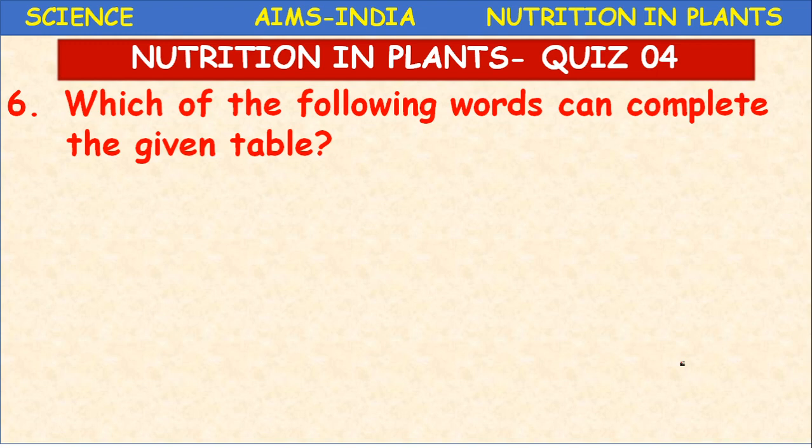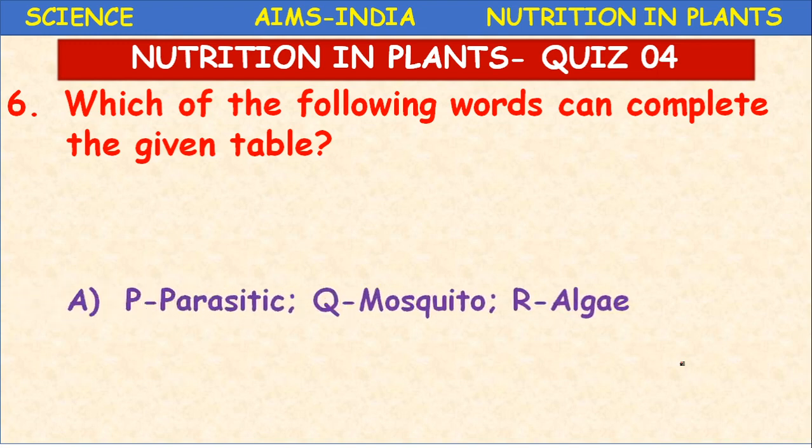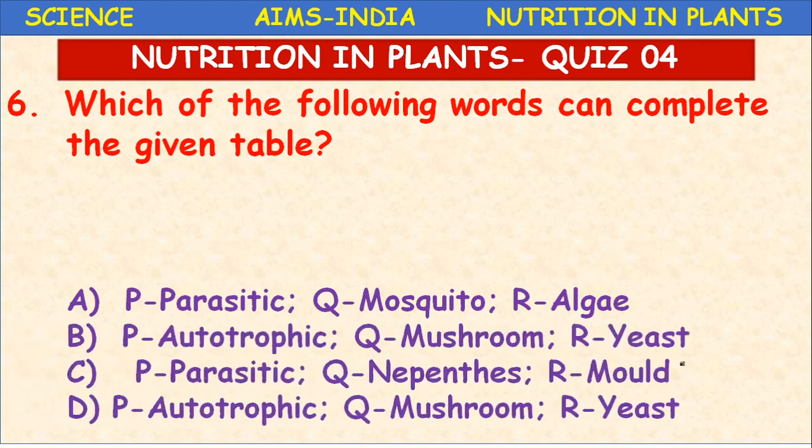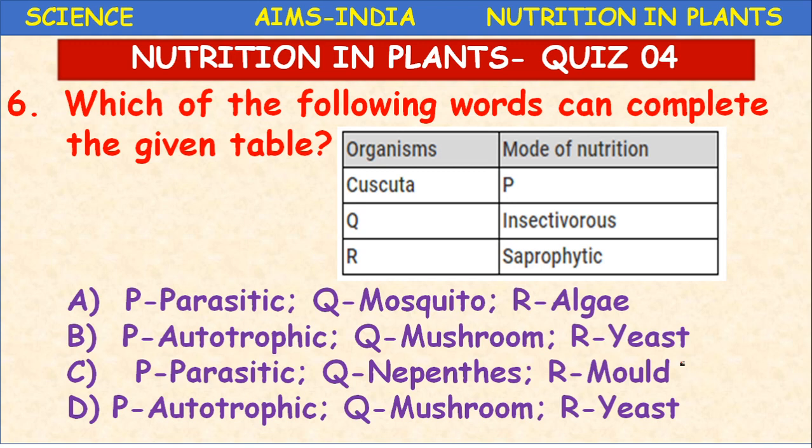which of the following words can complete the given table? So here the table is given, organisms and mode of nutrition. So you have to complete these words which are empty.